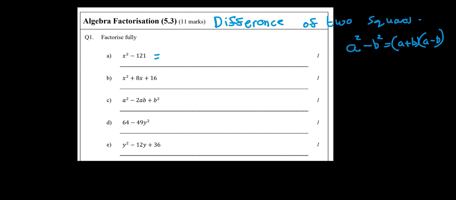So 121 is 11 squared, so we get x minus 11, x plus 11.